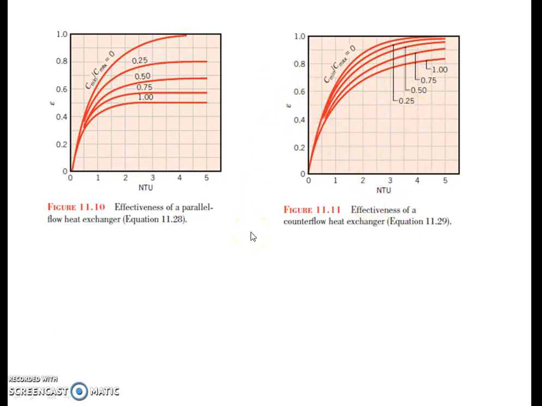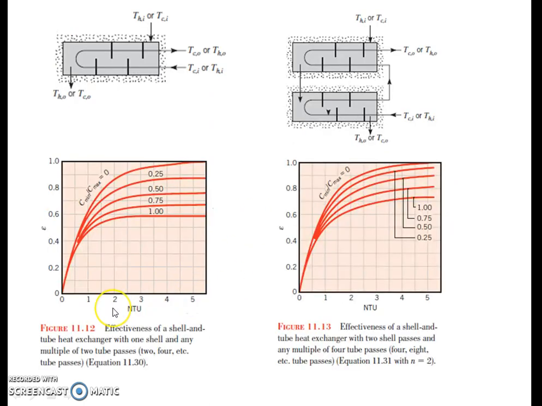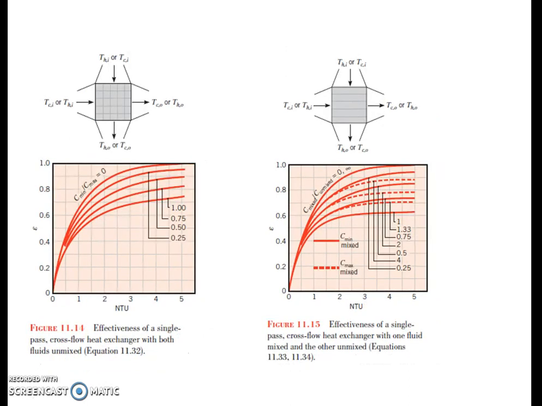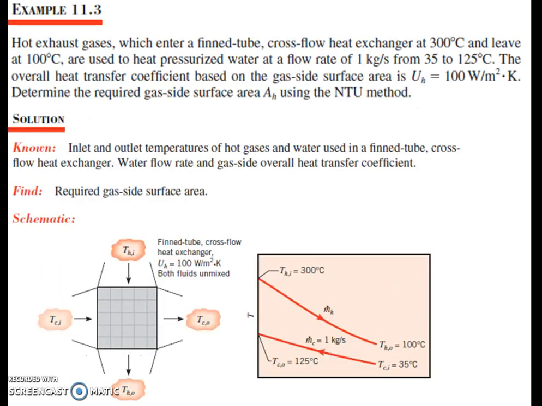We have 6 charts: parallel flow, counter flow, shell and tube for single pass or single shell and multiple shells, and also for mixed and unmixed. This information will help us solve this example and all the heat exchanger questions. This example mentions hot exhaust gas.